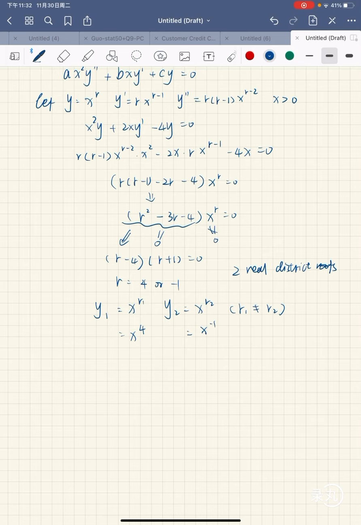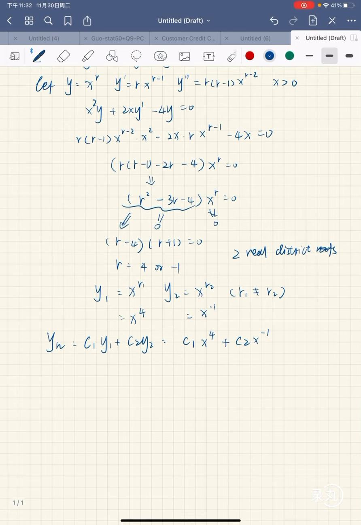And y homogeneous will be c1 y1 plus c2 y2. That is c1 x to the power of 4 plus c2 x to the power of minus 1. So this is y homogeneous.